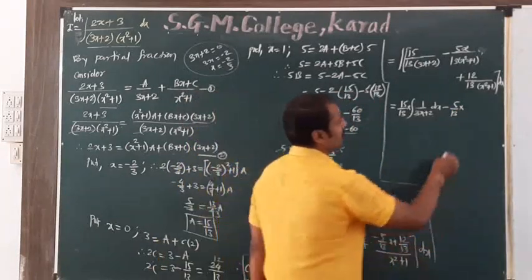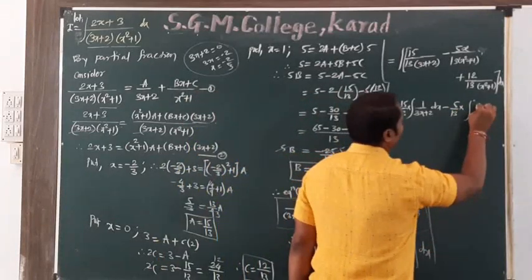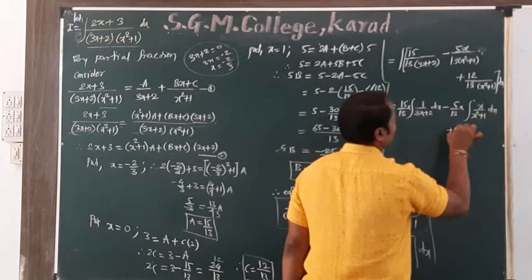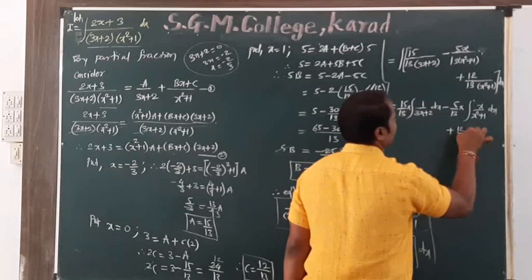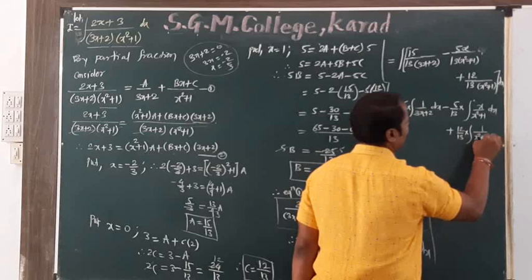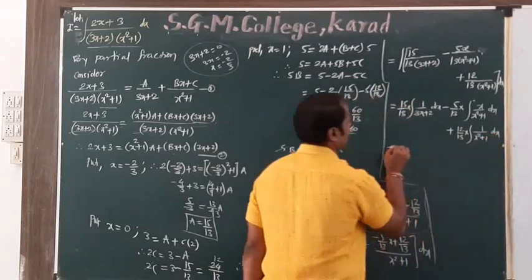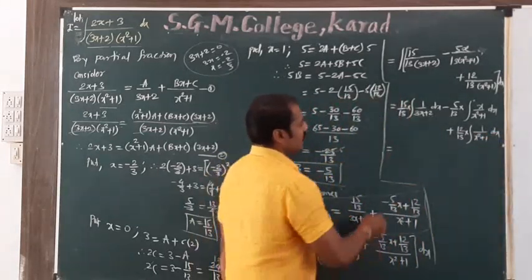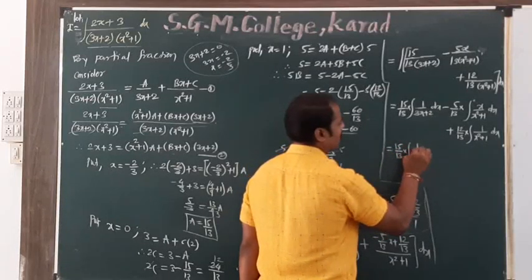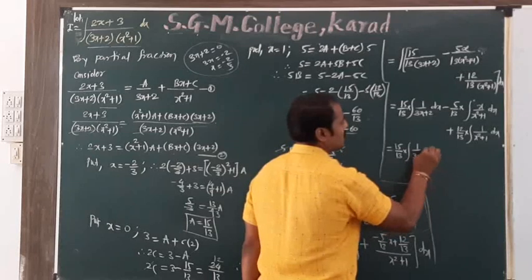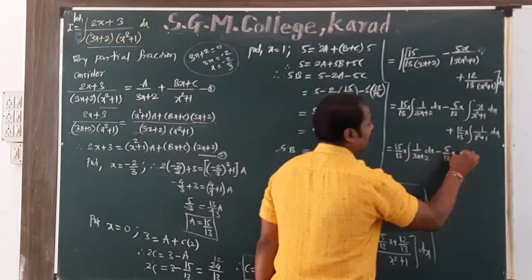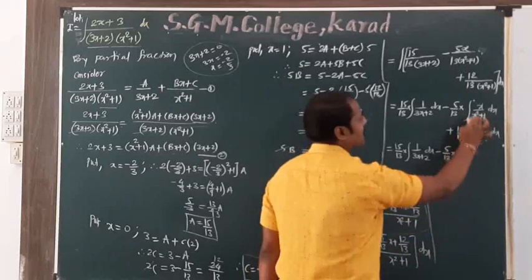Minus 5 divided by 13 is again a constant. It's the integration of x divided by x square plus 1 dx, plus 12 divided by 13 is again a constant, take it outside the integration of 1 upon x square plus 1 dx. This is equal to 15 divided by 13 into the integration of 1 upon 3x plus 2 dx, minus 5 divided by 13 into, look here, the derivative of x square is 2x.